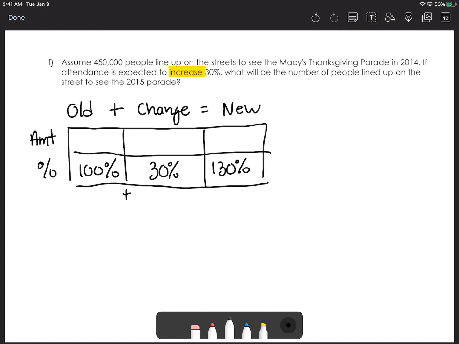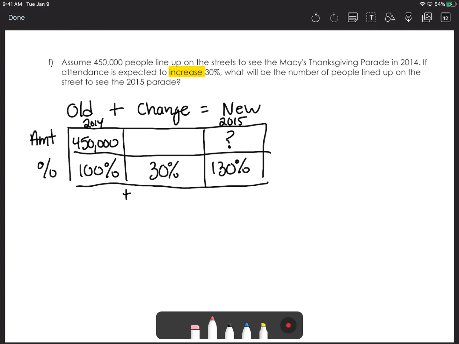Now the amount of the old value is 450,000 people, and that was in 2014, and we want to know the new value in 2015. So I'm going to put 450,000 here, and we're looking for the number of people in 2015.